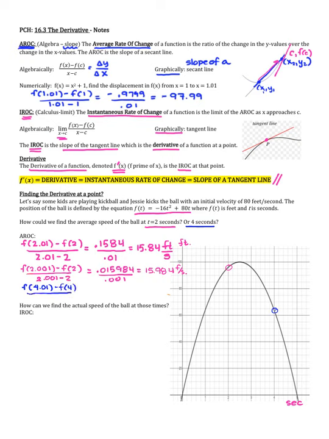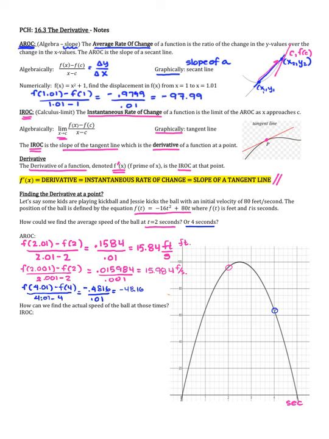And if I then divide, 4.01 minus 4, when you calculate this out, I would have negative 0.4816 divided by 0.01. That's going to give me negative 48.16.